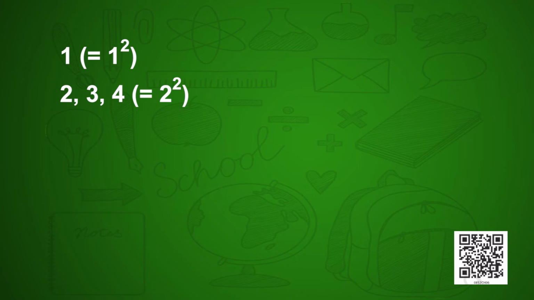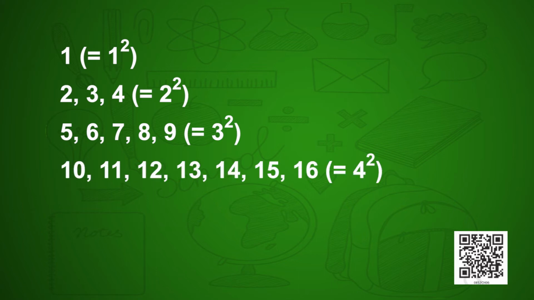After 1, we have the numbers 2, 3 and 4, but we know that 4 is nothing but 2 square. And then after 4 we have 5, 6, 7, 8 and then comes 9, which is our 3 square. Similarly, we proceed on, we get 10, 11, 12, 13, 14, 15, then comes the next square number which is 16, which is nothing but 4 square.